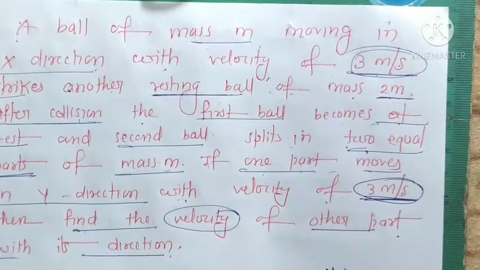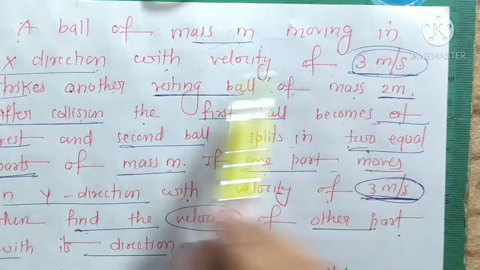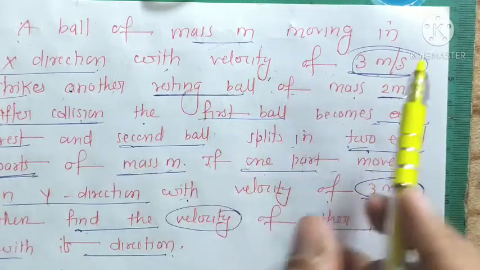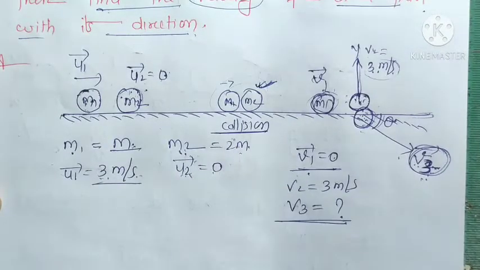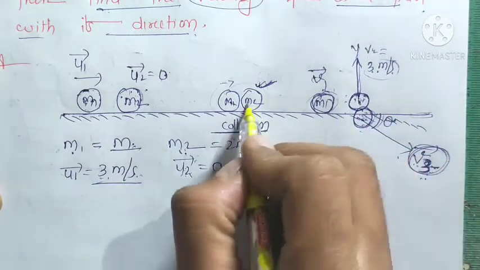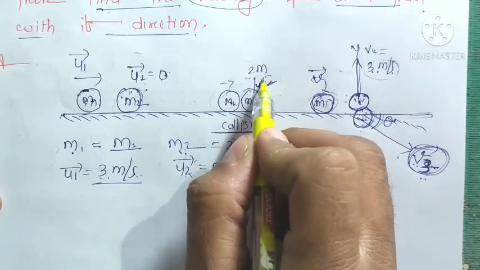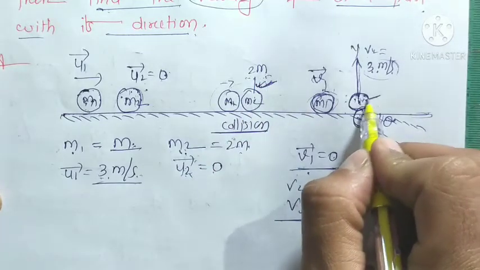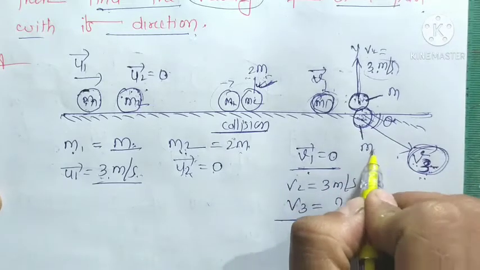What is the value of m2? In the question, a ball of mass m moving in the x direction with velocity 3 meter per second strikes another resting ball of mass 2m. The second ball of mass 2m breaks into two equal parts, so each part has mass m.